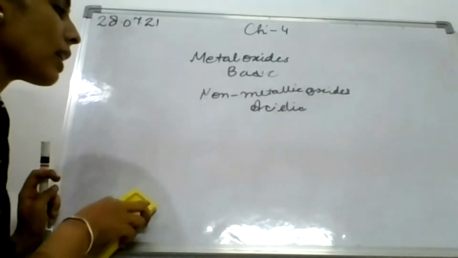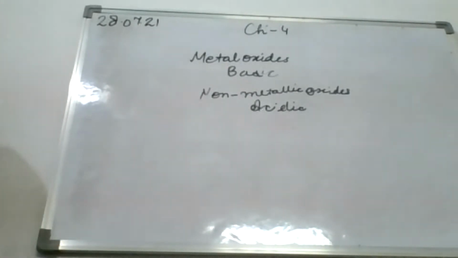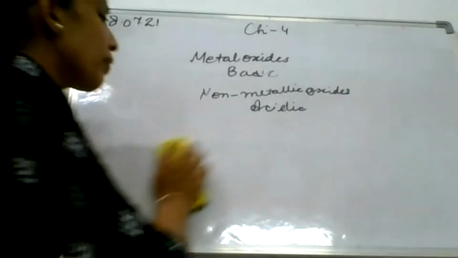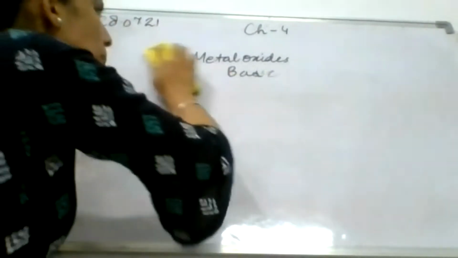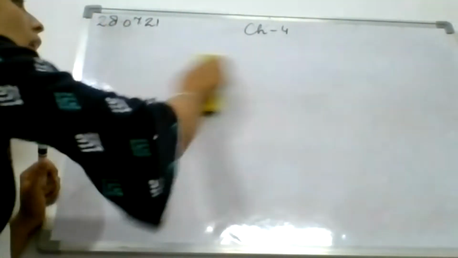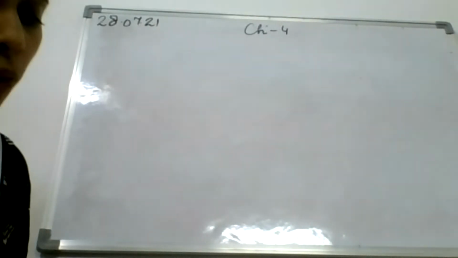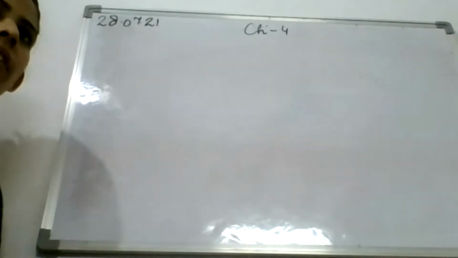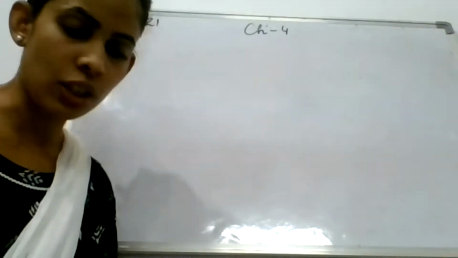As these are metals, they form magnesium oxide and iron oxide. And in the case of non-metals, we discussed sulfur, which produces sulfur dioxide, and then we checked its nature by adding water to it, which gives sulfurous acid, which is acidic in nature.